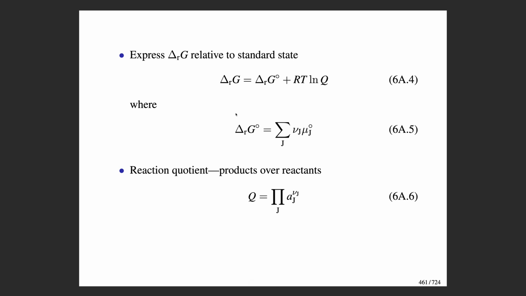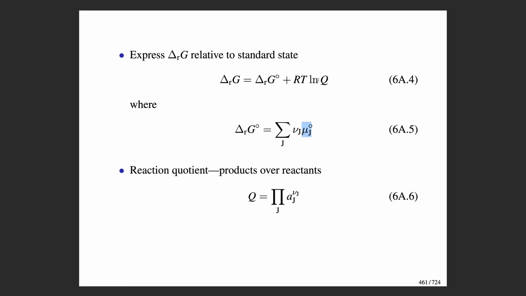Well, let's keep going. So what I'm doing here is expressing the change in Gibbs energy relative to its standard in terms of this correction factor here, this RT natural log of Q, where the definition of the delta G standard is just this combination of chemical potentials and signed stoichiometric coefficients for standard state conditions.